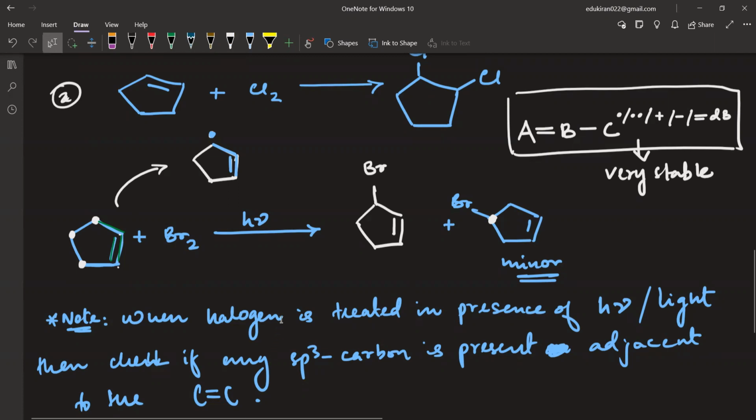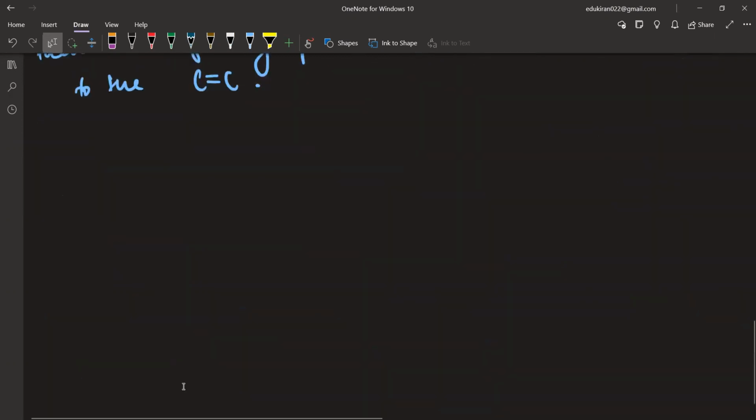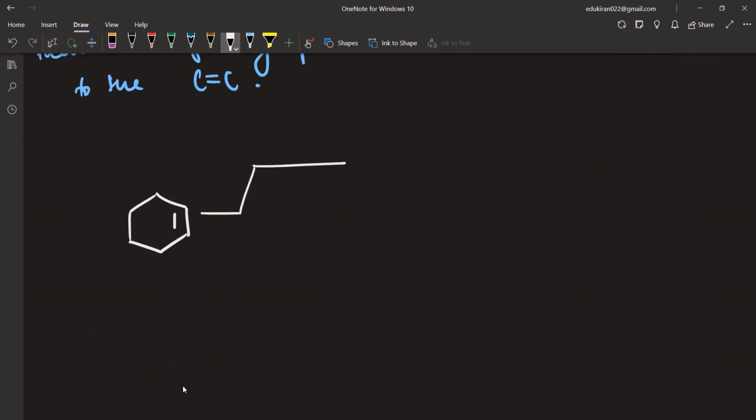Yes, sir. Okay, see. So we can write a reaction like this. You have the same molecule, cyclohexene, but when you treat this with Br2 in dark, and when you treat this with Br2 in light, there are two different products.